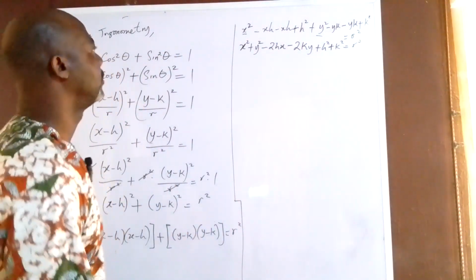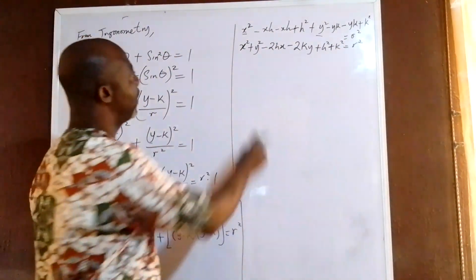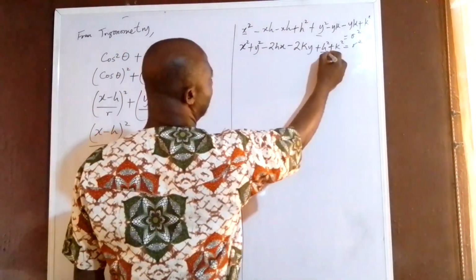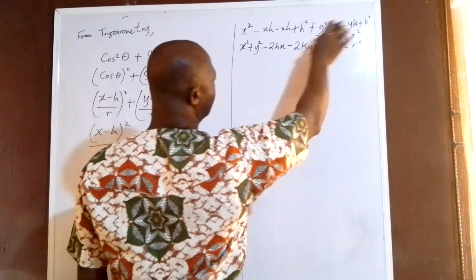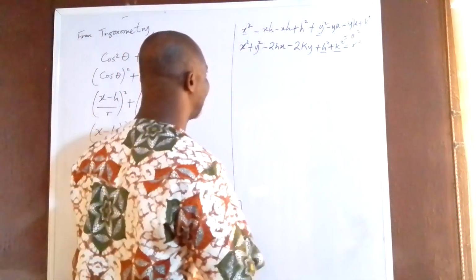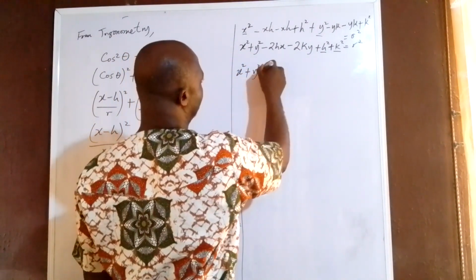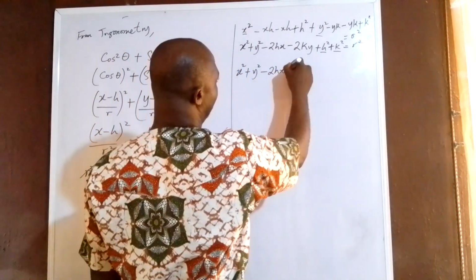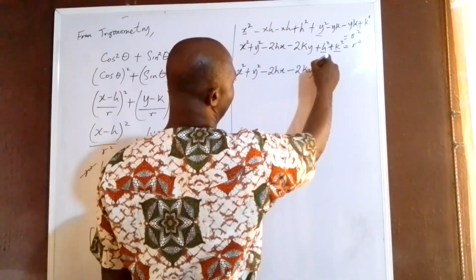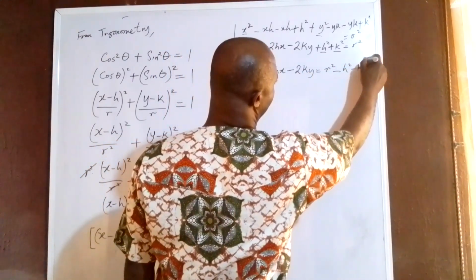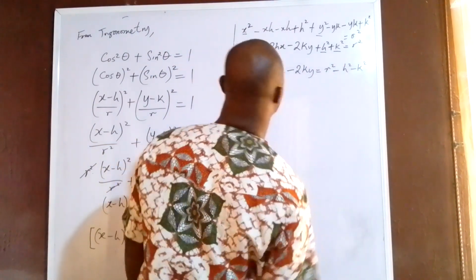Right? Good. So from here, h squared and k squared move to the right hand side. So we have x squared plus y squared minus 2hx minus 2ky equal to r squared minus h squared minus k squared.